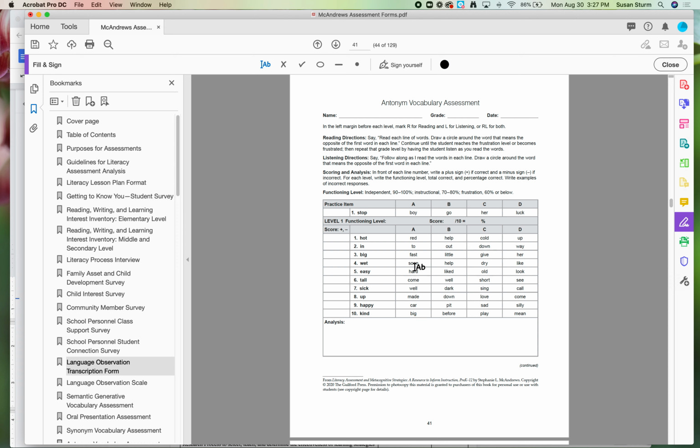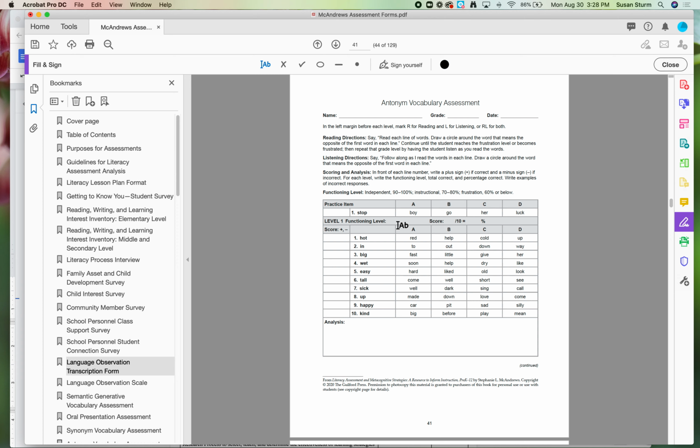So essentially what they mean here is whenever you're giving an assessment that's leveled like this, it's always good to start one level below where the student is currently in school. So if you had a second grade student reading on a second grade level, you would start this assessment on the first grade level, and that's so that you make sure that you capture their actual functioning level.